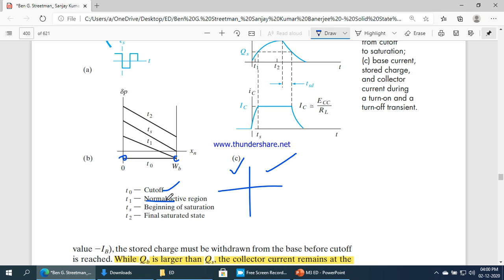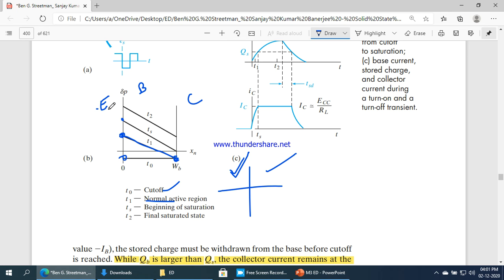So this region we call the normal active region. The charge distribution is shown here: this is the emitter, this is the base, and this one is the collector. The emitter base junction is forward biased and the collector base junction is reverse biased, that is the second quadrant operation. So the T1 region is the active region, the normal active region, or else we call it the amplification region.